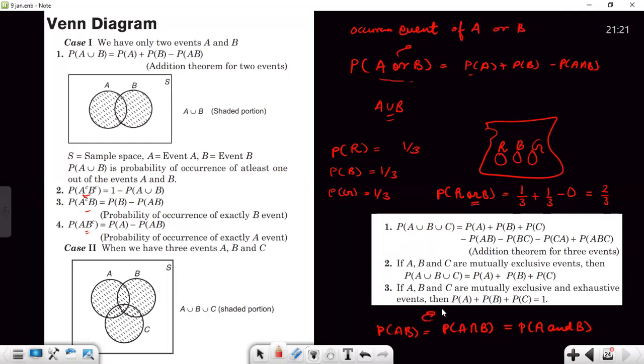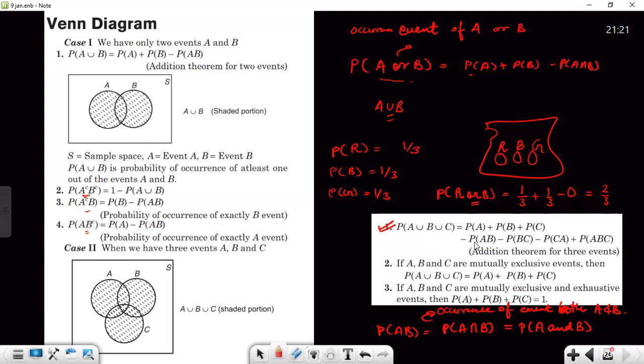But here we are discussing the occurrence of both event A and B. That is the difference. These are the same formulas as in sets.